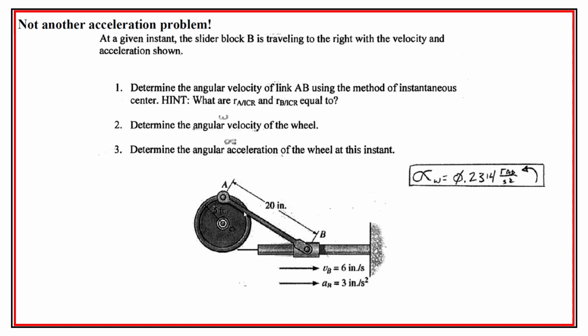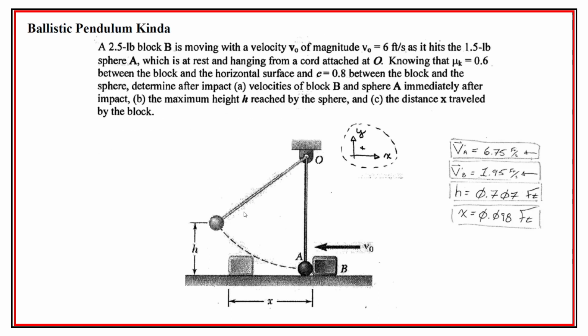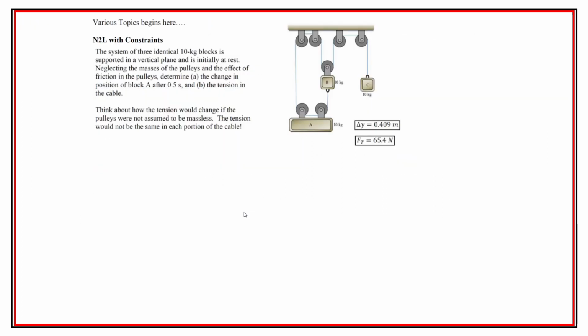So I didn't ask that on exam 3 because I want to specifically ask an ICR problem and I want to ask an acceleration problem. So in the acceleration problem, I give you the angular velocity so you don't have to do it twice. Here I'm just going to ask you once on the problem. It is kind of related a little bit to the mentality.